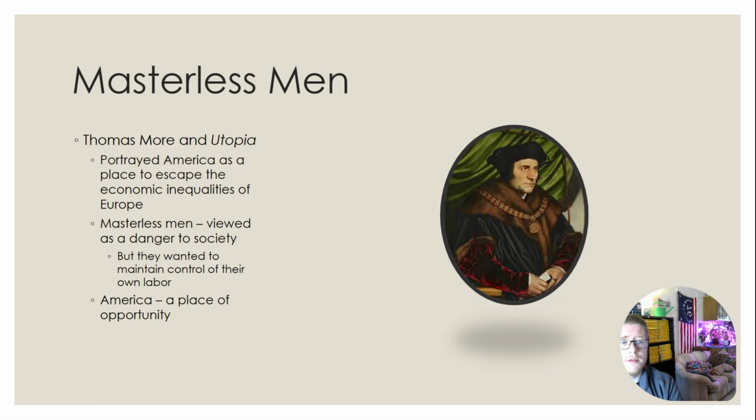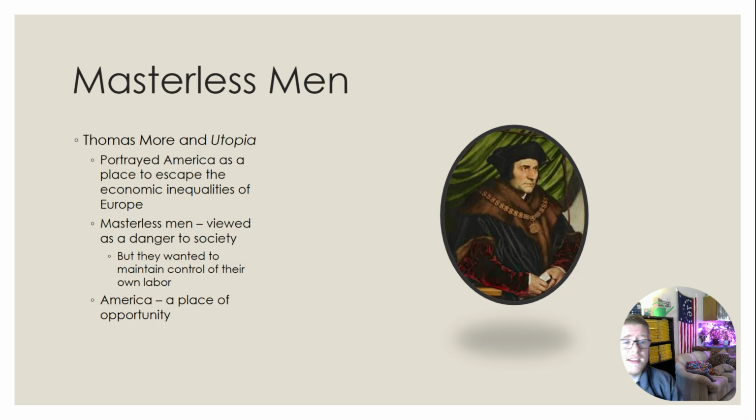So these are also rather dangerous men to society, not in the sense of criminals or murderers. These are people that are not indentured servants or slaves or even business owners. They're people that are just living their everyday lives. Thomas More in Utopia portrayed America as a place to escape the economic inequalities of Europe.